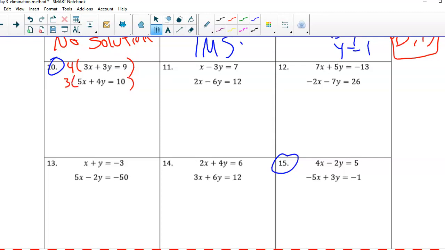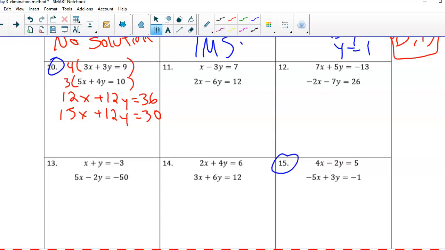Which means you will have 2 new equations and need to write both. 12x plus 12y equals 36. And 15x plus 12y equals 30. Now we're trying to get rid of y, so would we add these or subtract these?